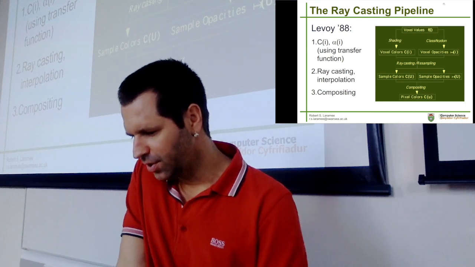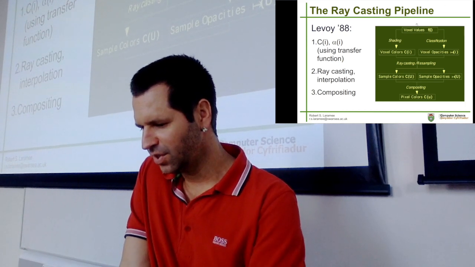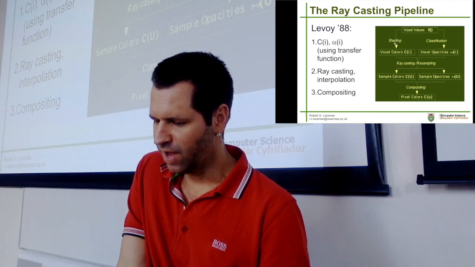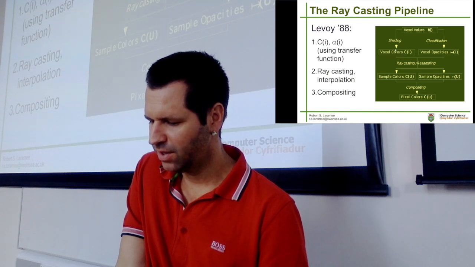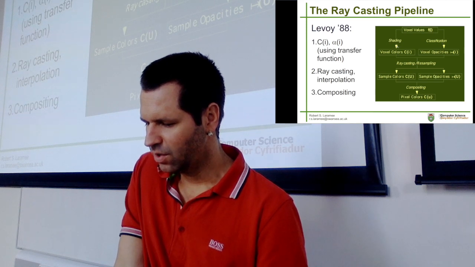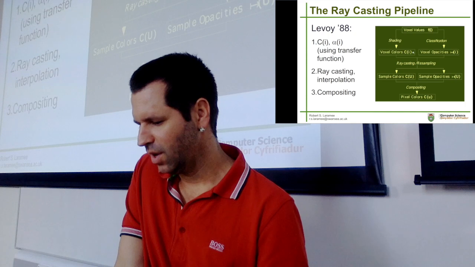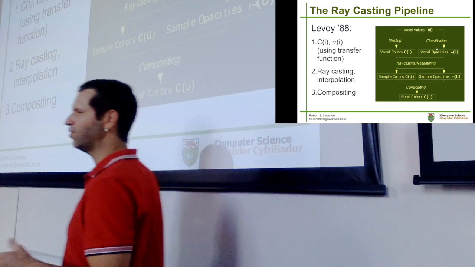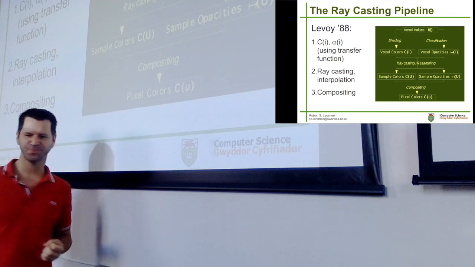So the input is a set of voxel values. Everybody knows what a voxel is here. And then for each voxel value, there's a set of colors that are assigned and a set of opacities. So every voxel is given a color and every voxel is given an opacity, and that's using that 2D transfer function we just talked about.